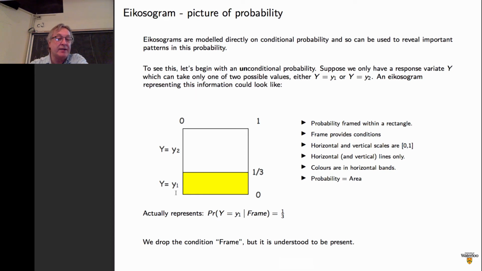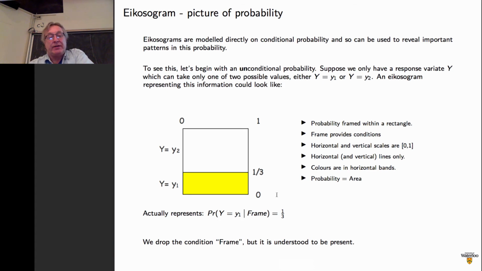Suppose y has two values, y1 and y2, and it takes value y1 with probability 1/3. So this vertical axis is always the conditional probability of this category. Okay, so probability y equals y1 given this frame is 1/3. Probability y equals y2 given this frame is 1 minus 1/3, or 2/3.